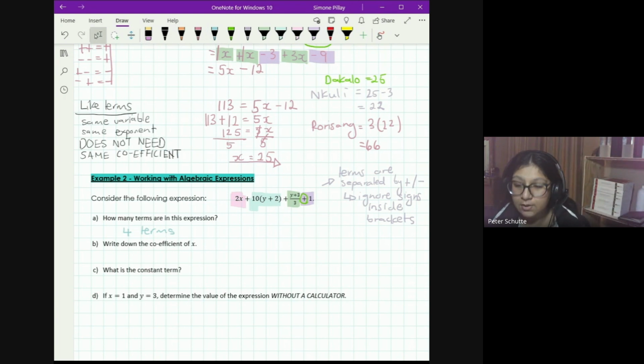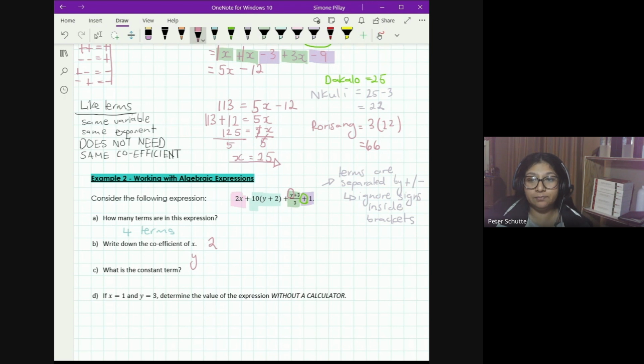Itandile, I'm not quite sure what you were saying no for. As for the coefficient of x, it's 100% 2. Can somebody tell me what the coefficient of y is? Well, I suppose there would be 2, but specifically this y over here that I've just circled. What's the coefficient of y?